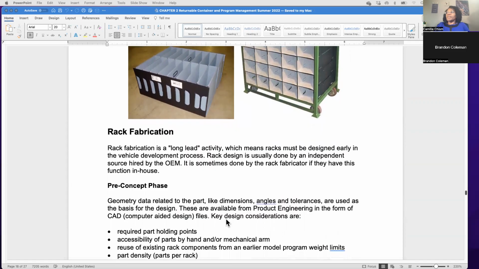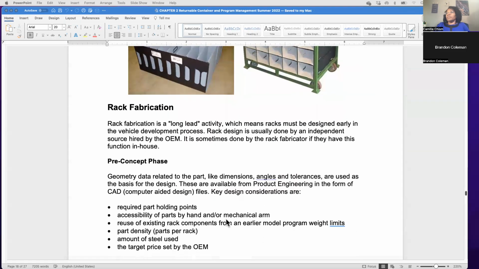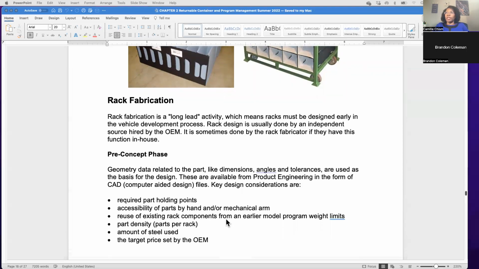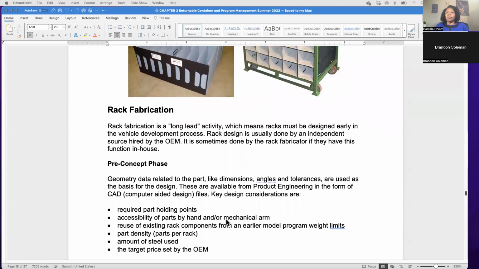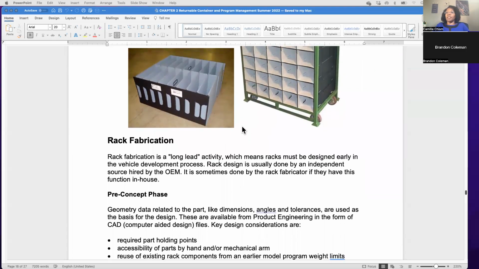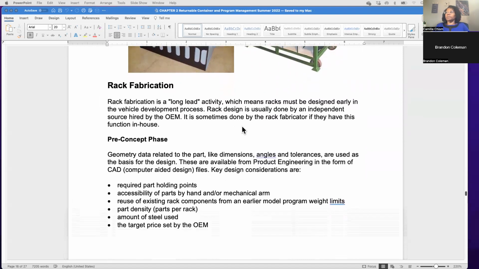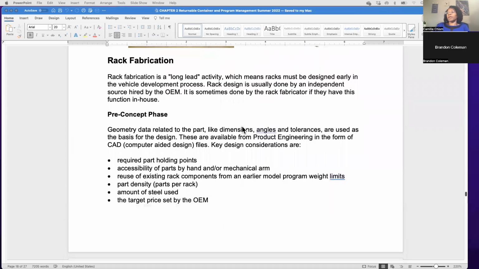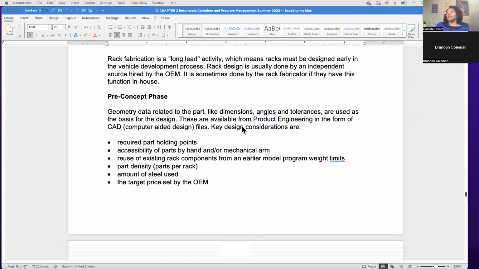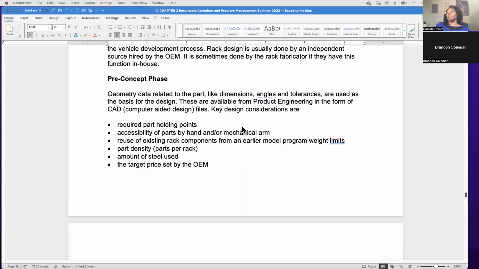A lot of times the rack design is done by companies that specialize in that, but as a packaging engineer, you have to make sure that you give them your criteria, and you have to understand how that part is going to be presented on the line, what needs to be protected, and that needs to be communicated to the rack designer. These are just some of the steps that come into play.